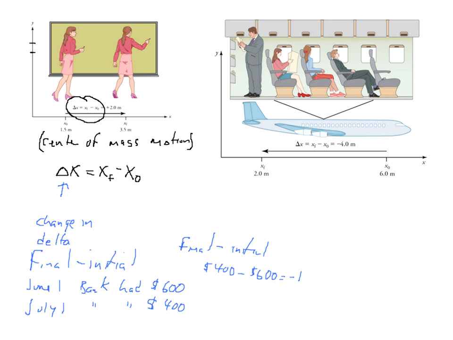And notice that's actually a negative number. So that means that you lost money, and you probably didn't lose it, you paid bills. In this case, it wasn't a loss.